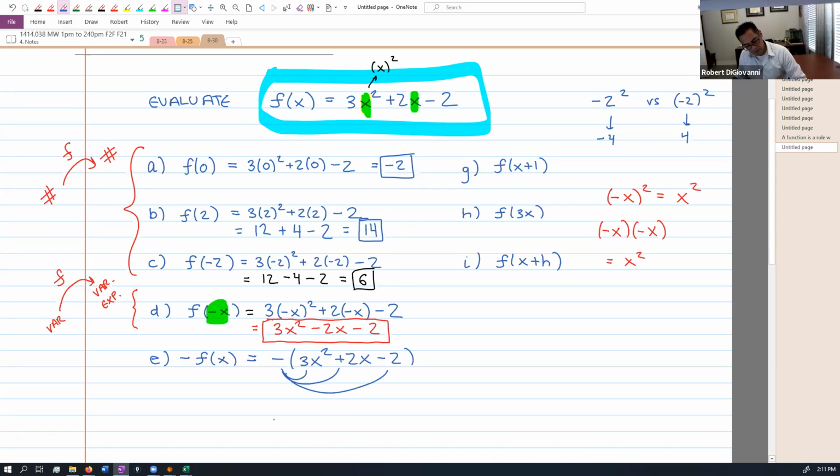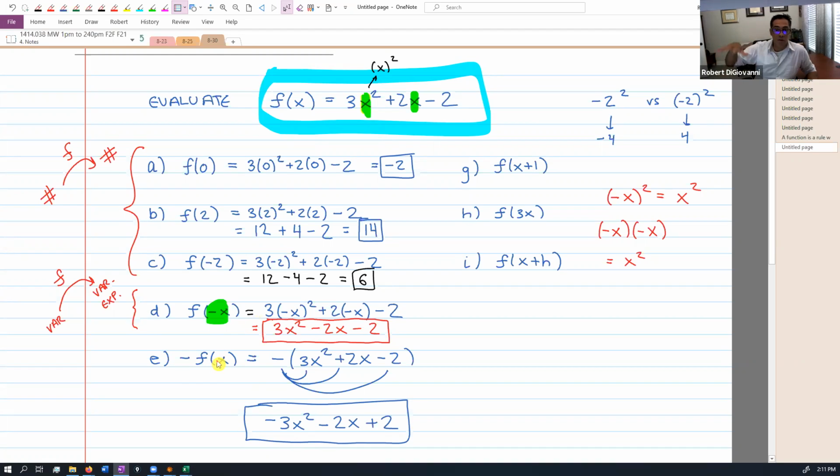So you wind up getting -3x squared minus 2x plus 2. If you were to try and explain this to somebody, you would say, negative f of x just means take the original function and then change all the signs. Everything that was positive, make it negative. Everything that was negative, make it positive. Would that be fair, Lizana, to say it that way? Okay. Yeah. Good.